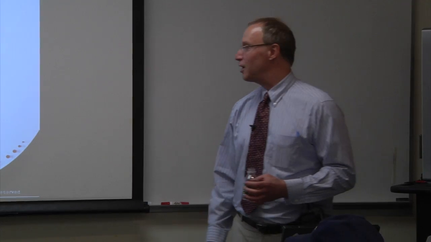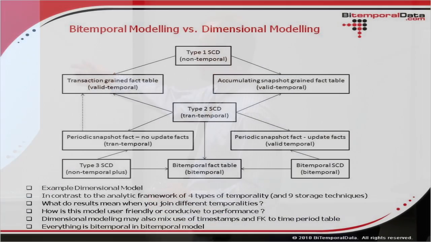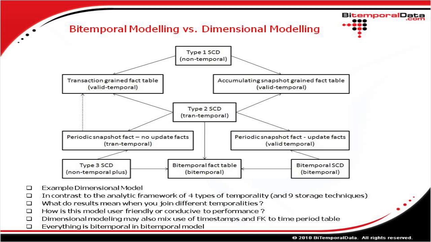Yeah. We want to get to the good stuff. All right. So here you go. Here's a sample star schema, and I just kind of have fun with this. Think about the typical type 1 slowly changing dimension. We have a transaction grained fact table, an accumulating snapshot grained fact table. Type 2 slowly changing dimension, bitemporal fact table. Type 3 slowly changing dimension, periodic snapshot.